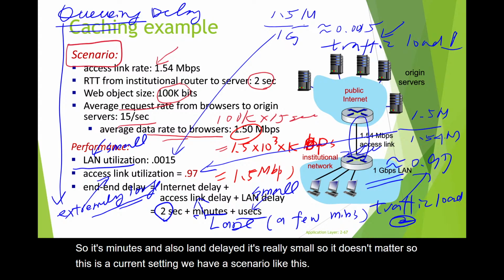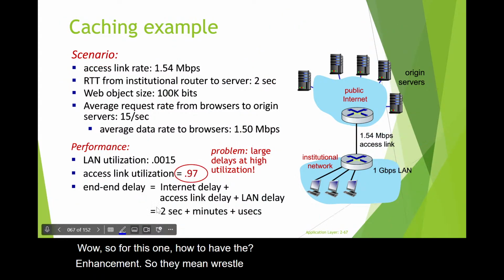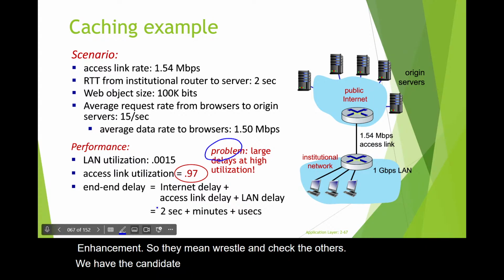So how do we make an enhancement? Let me erase all and check the others. We have the queuing delay because of the high traffic load here. So this is the bottleneck.